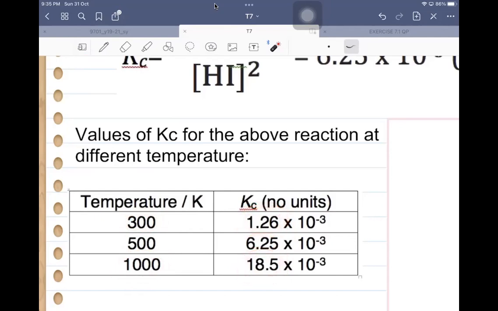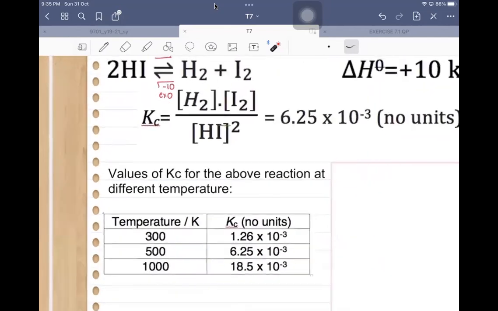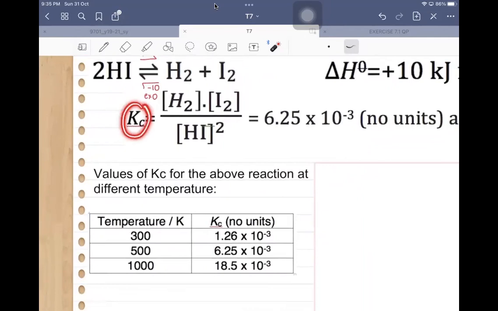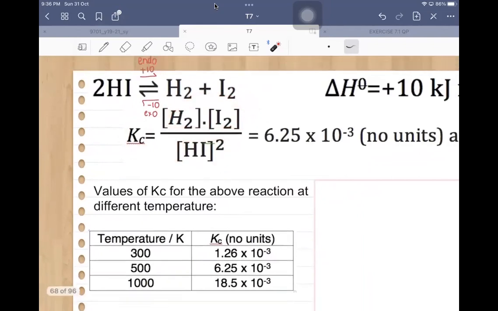So we're going to look at this, right? Remember, Kc is concentration of products over the concentration of reactants. This is important because you will first have to look at the effect of changing temperature on the position of the equilibrium. All right, let's have a look.